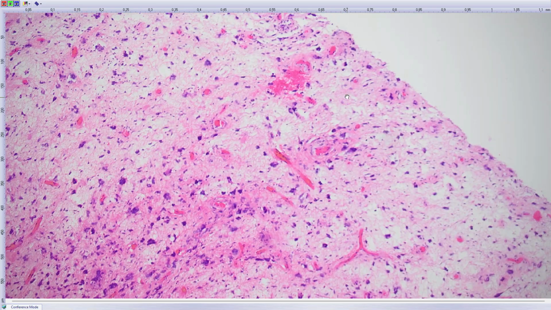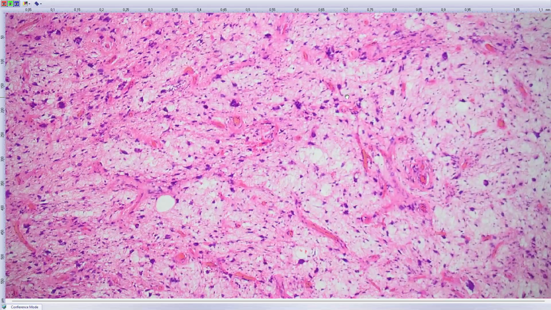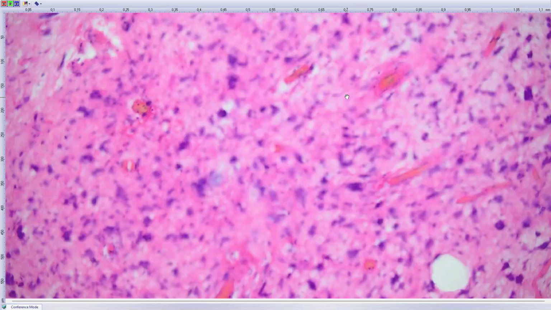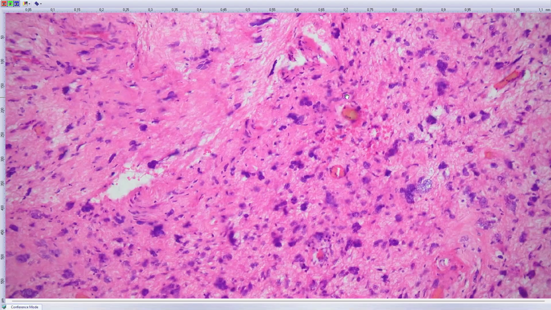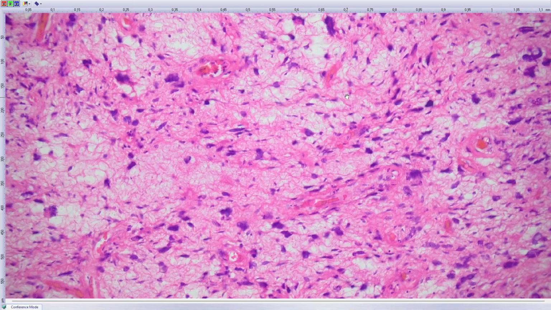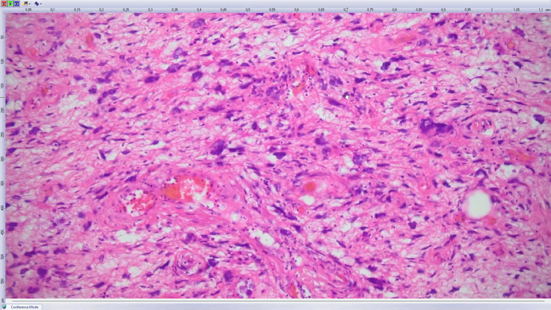Here's another block from the same patient, and it looks like that, yeah? Look how atypical it is, yeah? And in some of them, some of the parts you can even suggest incipient lipoblasts arising, yeah?